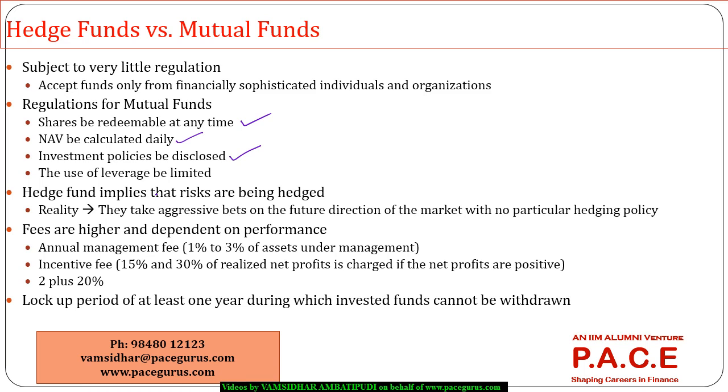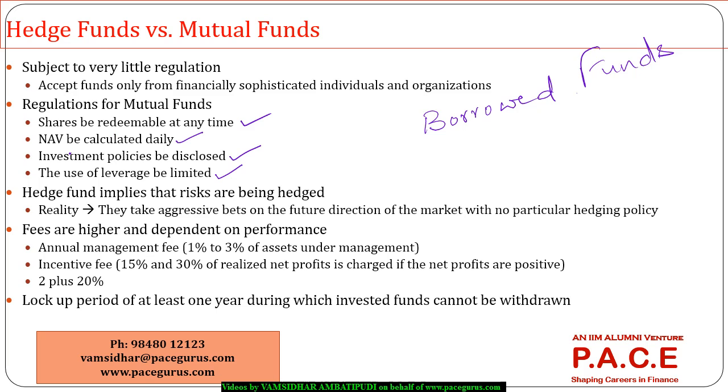Very rarely there could be a kind of deviance of the fund manager from the basic objectives. And even the usage of leverage, right, using borrowed funds for investment or even a virtual borrowing, those kinds of aspects are very limited in case of mutual funds.